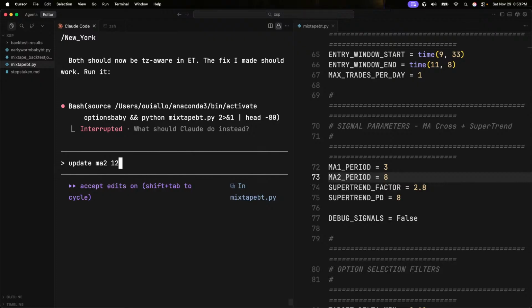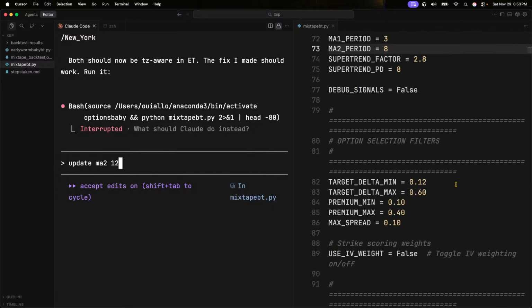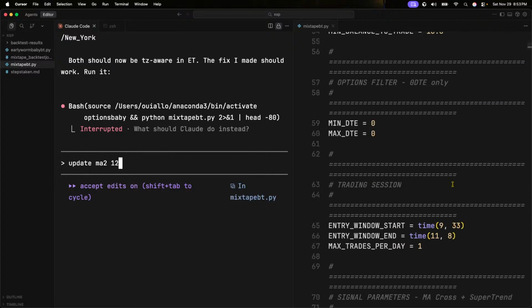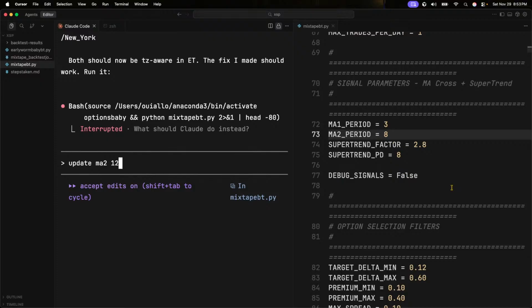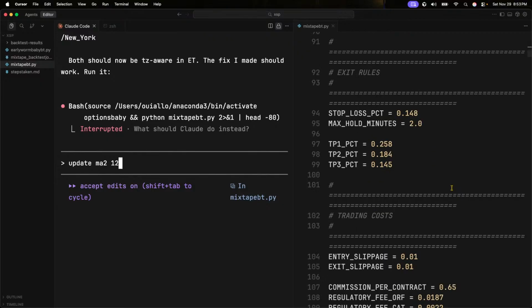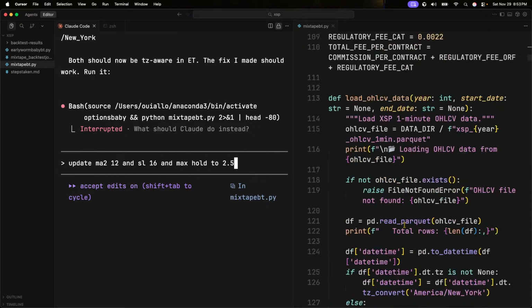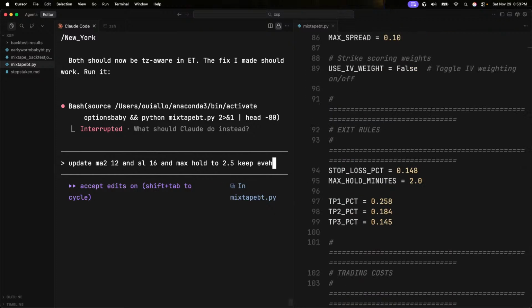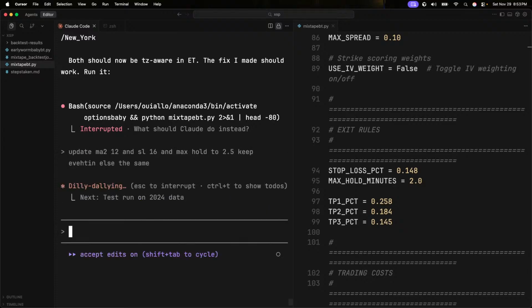And then what else? And then stop loss to 16, and then max hold to 2.5, and then keep everything else the same.